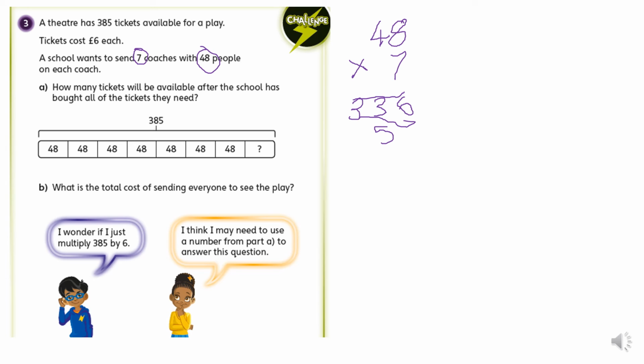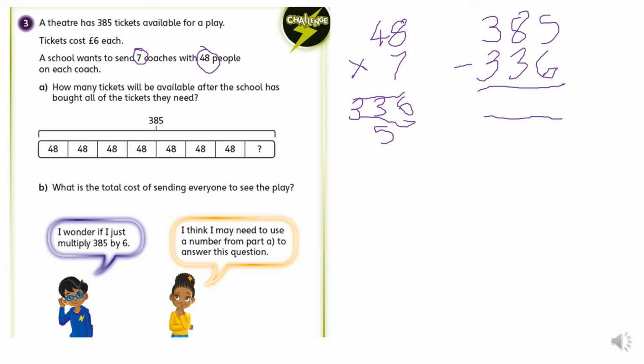Right, then it says, how many tickets will be available after the school has bought all of the tickets that they need? So they need 336. Well, I've got 385 available. So I need to do 385 take away 336, because you've got to imagine the school has bought all of those tickets.